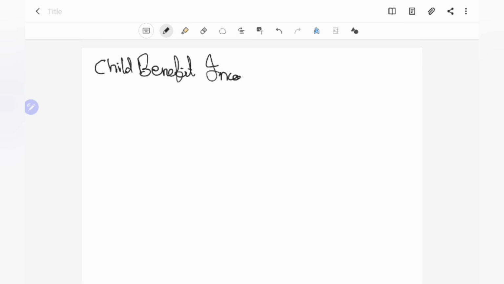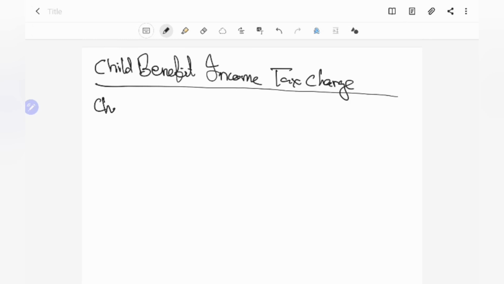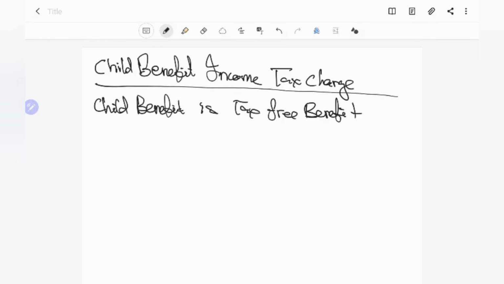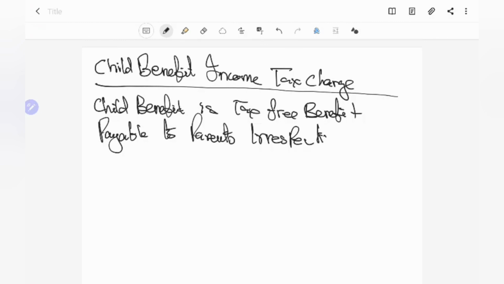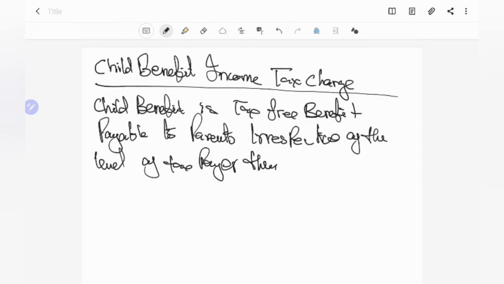Child benefit income tax charge. Right, so child benefit is a tax-free benefit payable to parents irrespective of the level of taxpayer they may be.